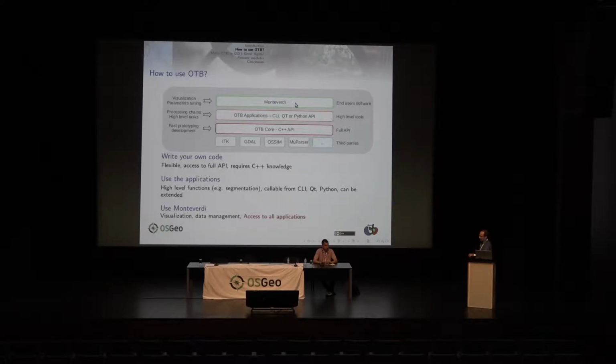This is a small visualization tool we developed to quickly browse images, and of course, you can call all the applications from this tool. So the end user will go for this. Most people use the OTB applications directly, and if you want to develop some new OTB application, you will go for this level.